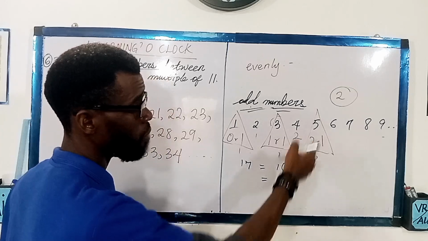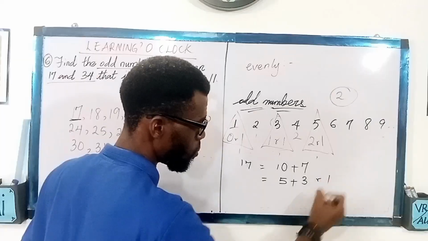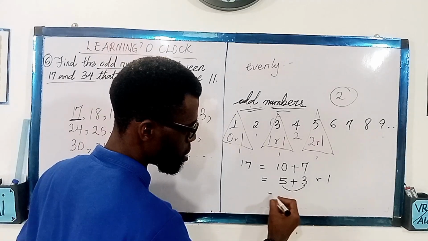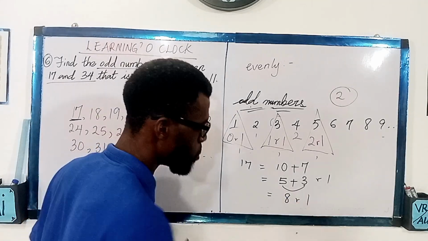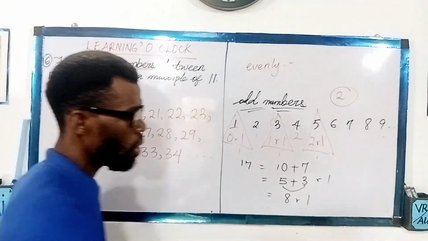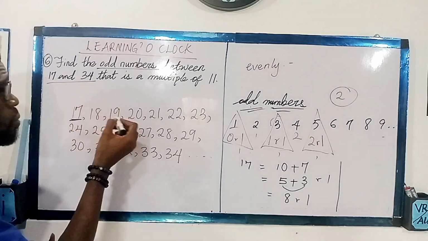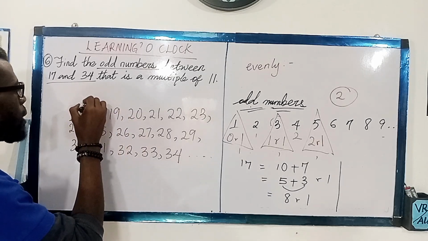And 7 divided by 2, easy peasy, 3 remainder 1. So this plus this is 8. 8 remainder 1. That's just one way of getting this out. So you have 8 remainder 1, so this is an odd number.